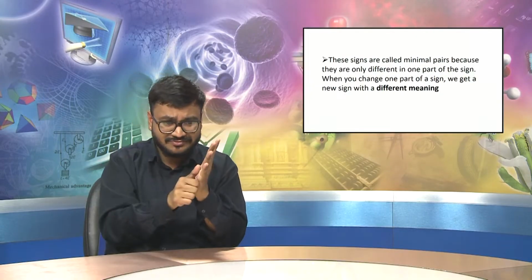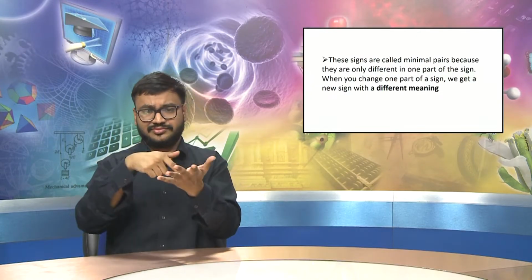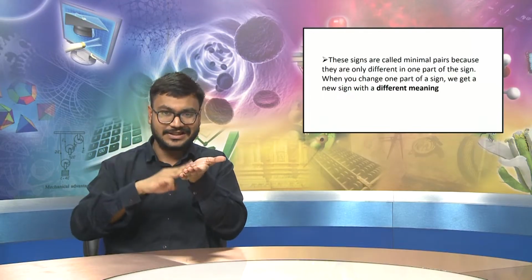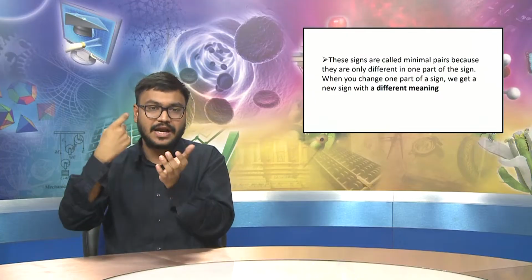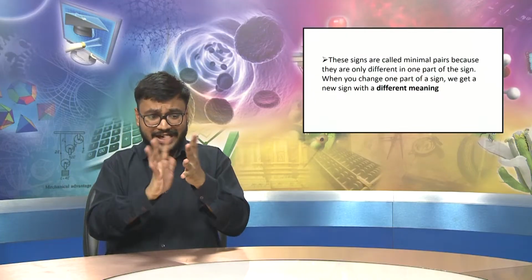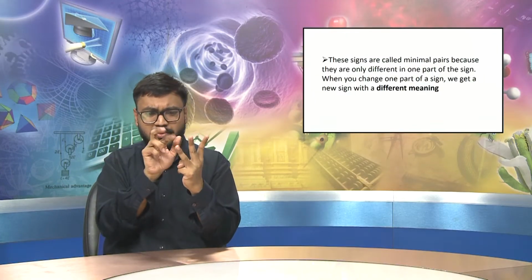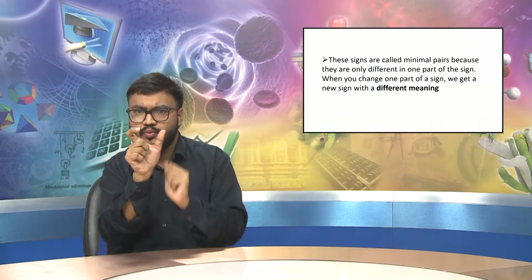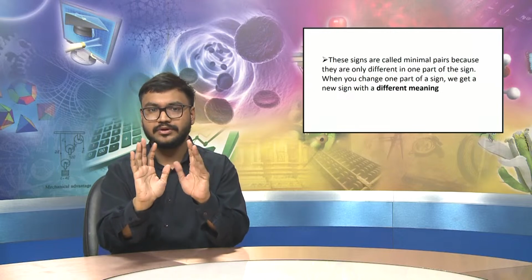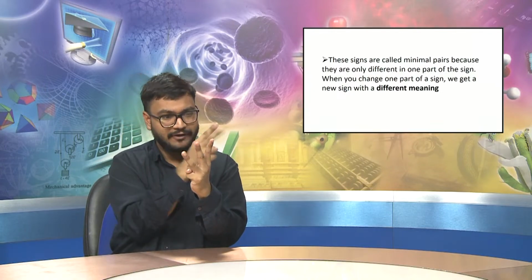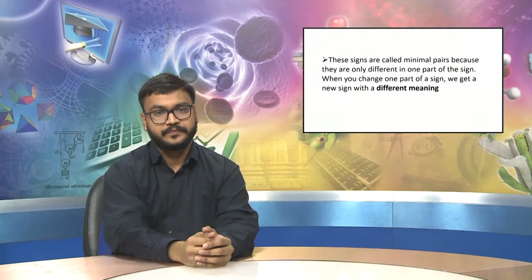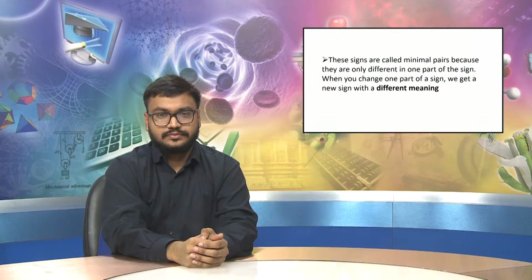These signs are called minimal pairs because they are different in one part of the sign. When you change one part of the sign, we get a new sign with a different meaning.